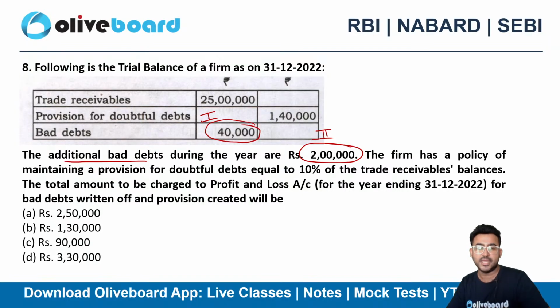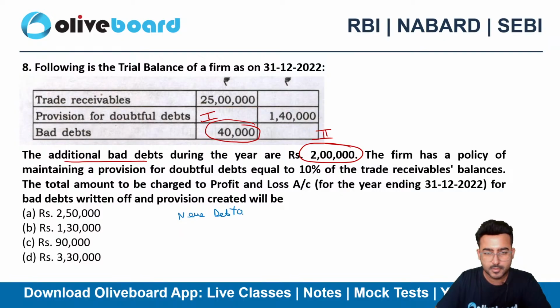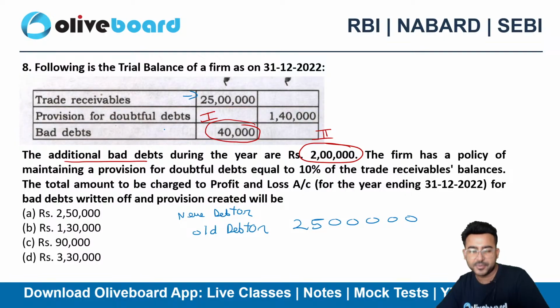The first observation. Then we need to create a provision as well. How much provision do we need to create, guys? For that we need to first compute the new debtor balance. Let's compute the balance of new debtors. What is the balance of old debtors? 25 lakh. In this I have already deducted 40,000, right? Because it's appearing in the trial balance, that means I have already passed the journal entry.